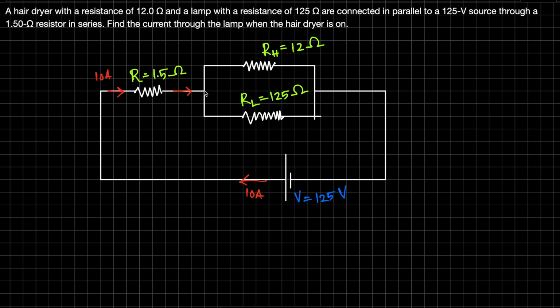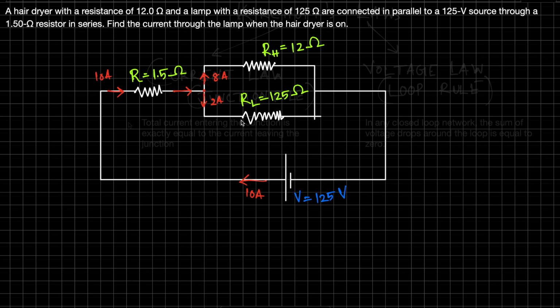But upon reaching this point, there is a junction, right? Some part of the 10 amps current would be flowing through RH. Let's say 8 amps is flowing through RH. The remaining 2 amps would be flowing through RL, right? So the current would be different. These are not exact numbers, just some random numbers. We're going to find out, right?